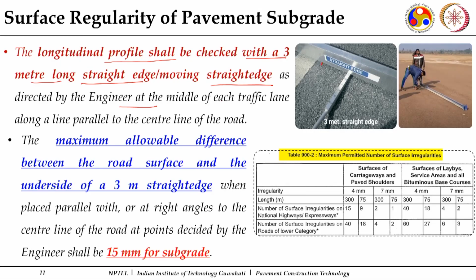He takes many decisions on his own depending upon how much variability there is, and what site specific, regional, material and construction challenges there are. He sees the limitations and the variabilities. Preferably it is done at the middle of each traffic lane and parallel to the center line of the road.